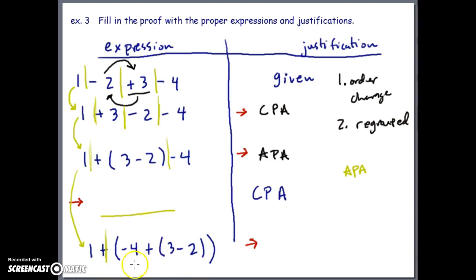And then within the second term, you can see the order has changed. We had 1, 3, negative 2, negative 4. Now we've got 1, negative 4, 3, negative 2. So the order has changed, and this property is saying we changed the order. We commuted the terms that were being added. So we've got to figure out how we can write this correctly. We know the terms that changed location were the parentheses and the negative 4. So the parentheses got commuted behind the negative 4.